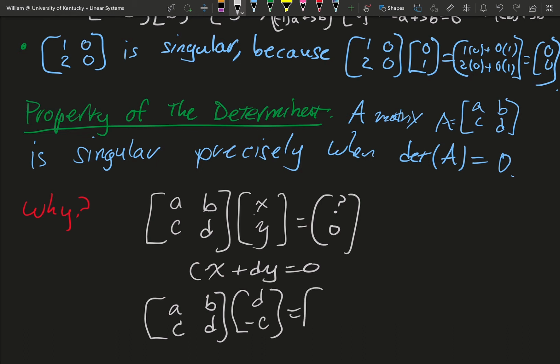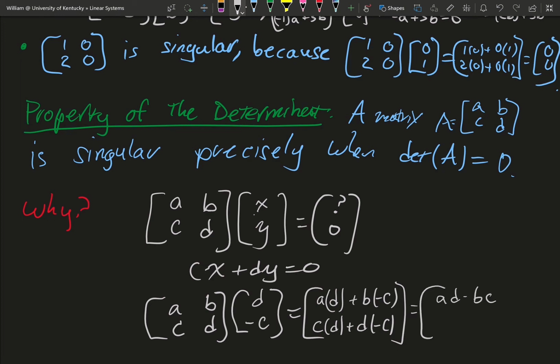So let's see what we get. In the first entry, we have a times d plus b times negative c. And in the bottom entry, we have c times d plus d times negative c. So here we have AD minus BC and CD minus CD.